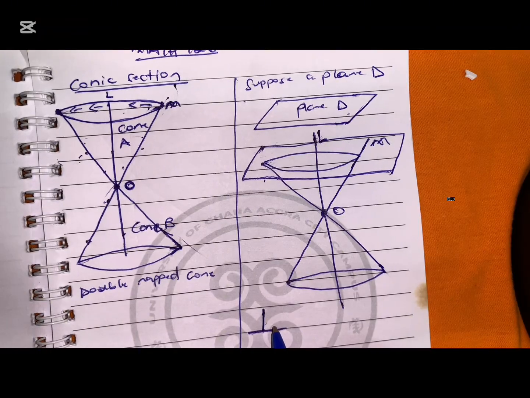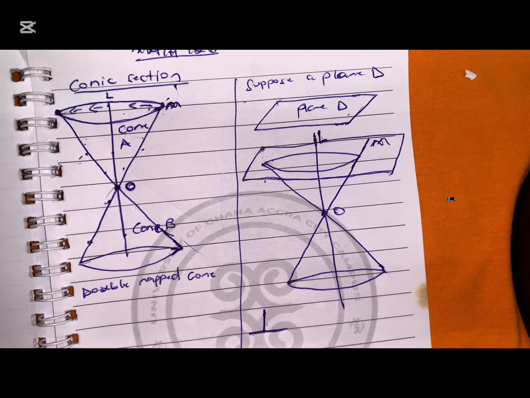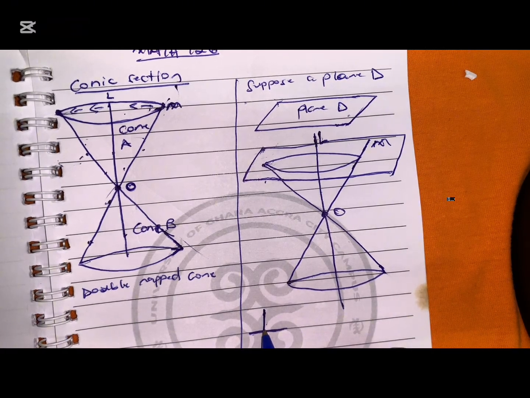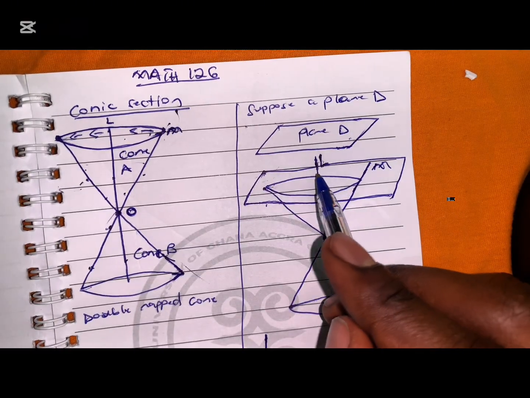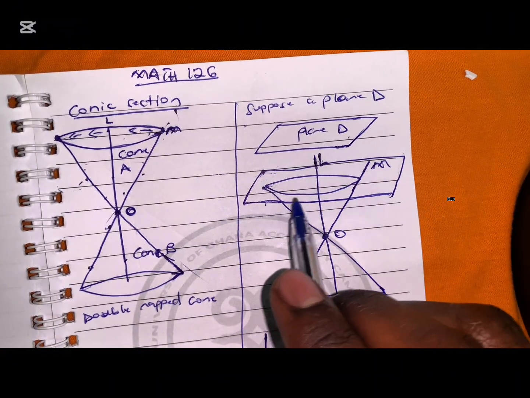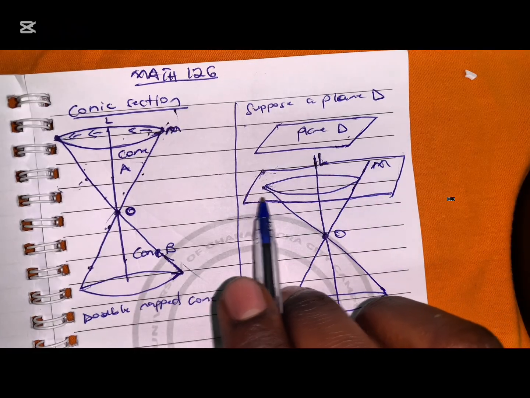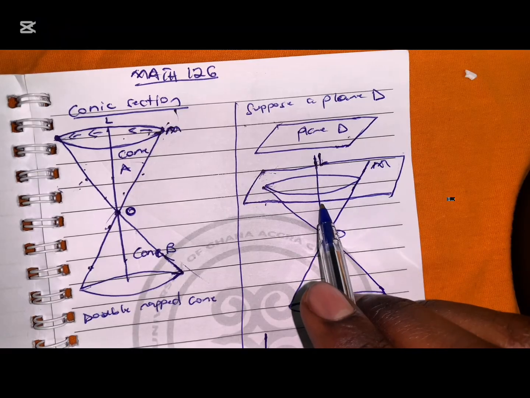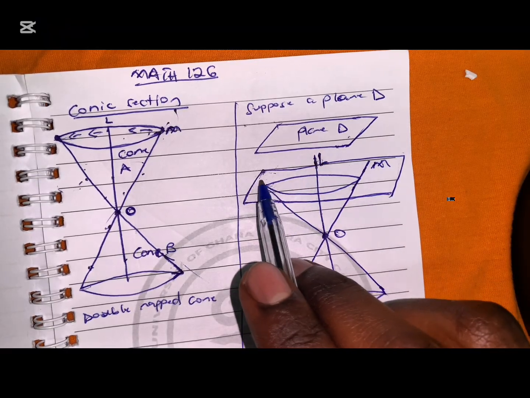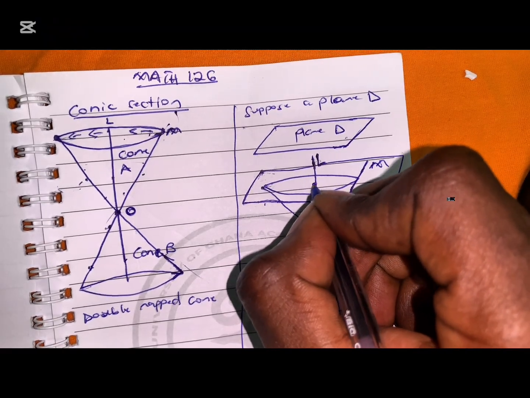It means they move in different directions, either vertically and horizontally, and they meet at a particular point, or the vertical line meets the horizontal line. Good. So now this is what happens when this plane cuts this cone. The plane is moving in a horizontal form, and the line is moving in a vertical form, right? So when you cut it, they meet at a point which we call P.